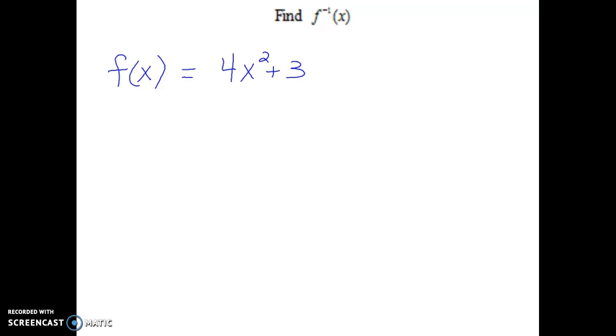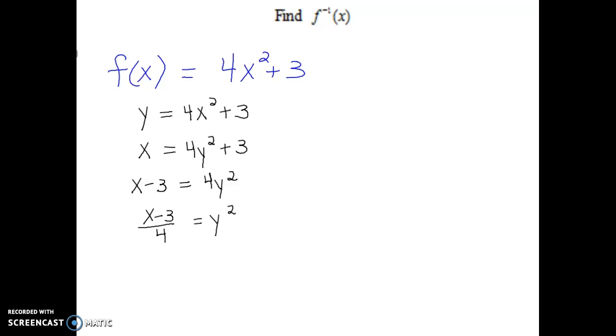Okay, my next example, I'm going to go through the same steps again. I'm going to replace the f of x with y. Next, I'm going to switch where the letter x and the letter y are. Then I have to solve for the letter y. So in this example, I need to subtract 3 off first.